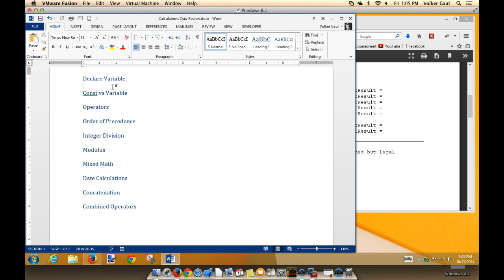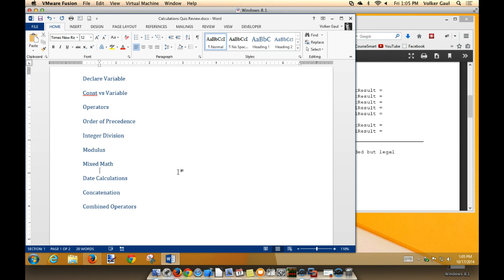Which one did you get wrong? Mixed type math. Can I explain mixed type math? Okay. We'll come down here and I'll kind of take notes on what I'm talking about as I talk about it. Mixed type math simply means that we've got an equation that's got a combination of integers, doubles, and decimals, because that's what we do math with, right?